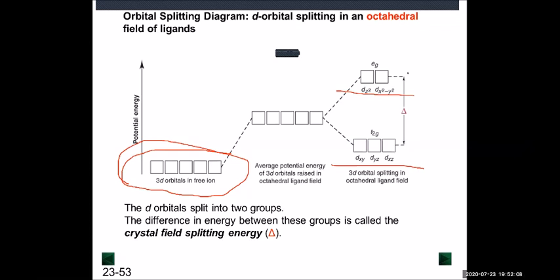The energy difference between these two is the crystal field splitting energy. And this energy delta depends on the ligands. Nitrogen, oxygen, sulfur ligands are all different, and give you different splitting energy when they interact with metal cations.